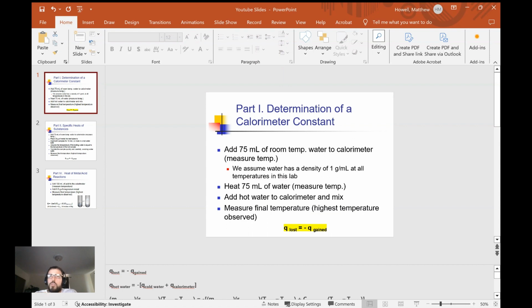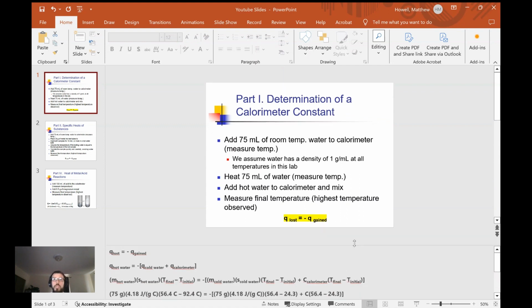That in any thermochemistry problem, we can think about something that is losing heat, and the quantity of heat that it loses is going to be equal and opposite to that which is gained by a number of things, possibly, but at least one. And so I want to talk through this.